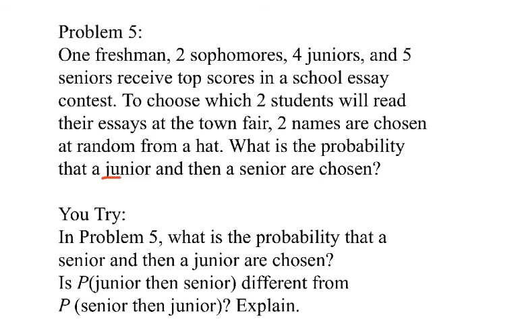The probability that we choose a junior: there are 4 juniors out of a total of 1 plus 2 plus 4 plus 5, which is 12. So there's a 4 out of 12 chance that they choose a junior.